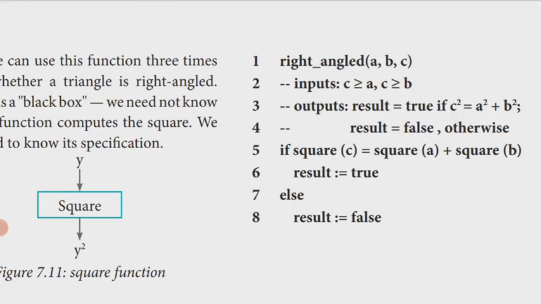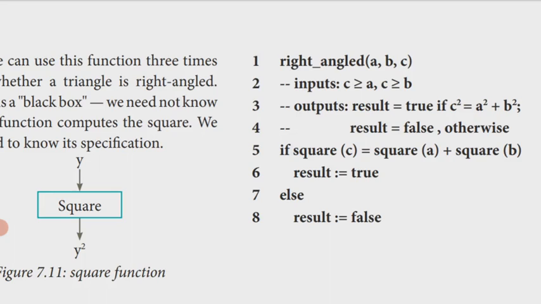Input A, C should be greater than A and C should be greater than or equal to B. In a right triangle, the squares of the two sides A and B add up to the square of the other side.